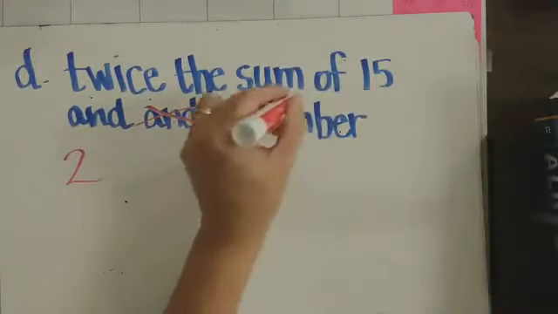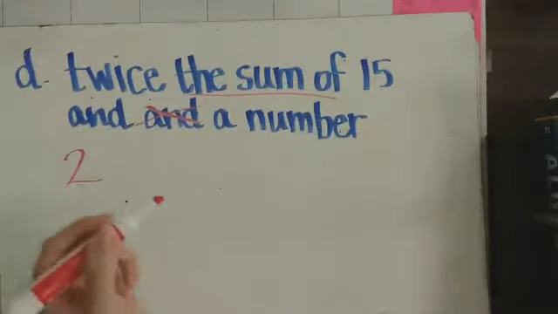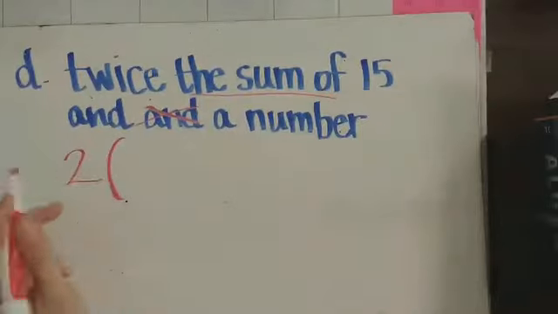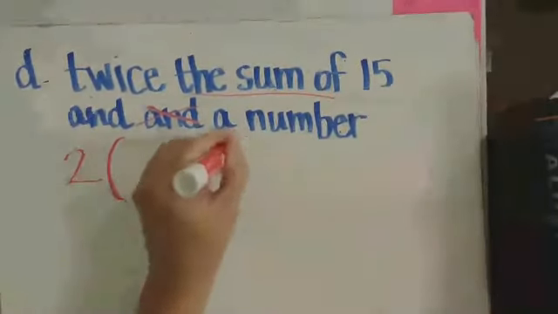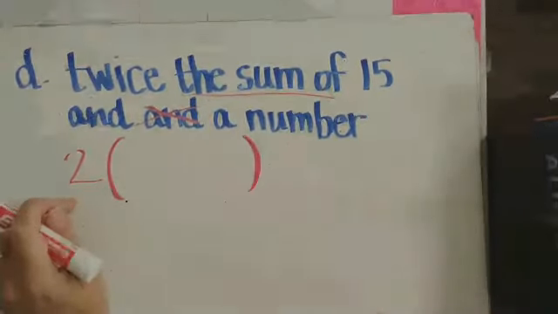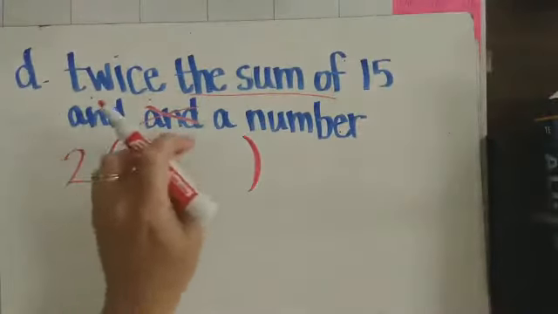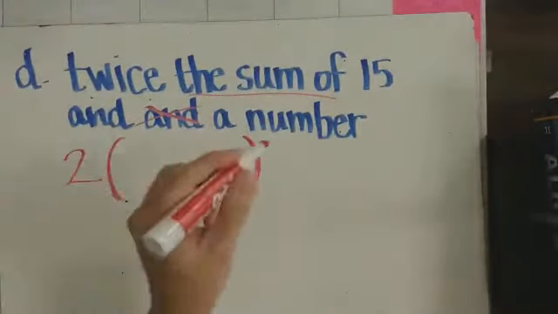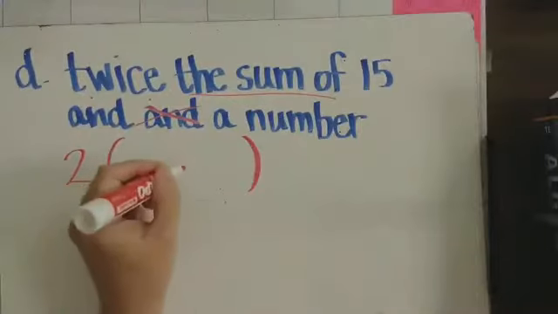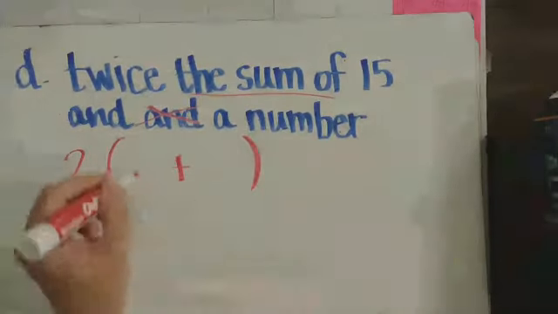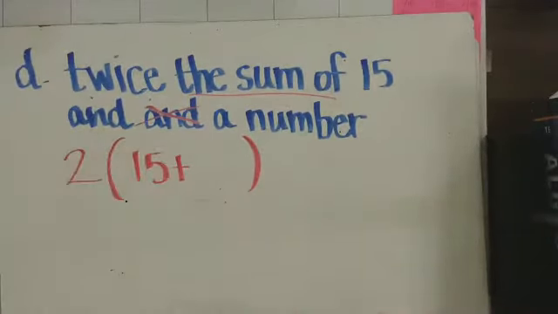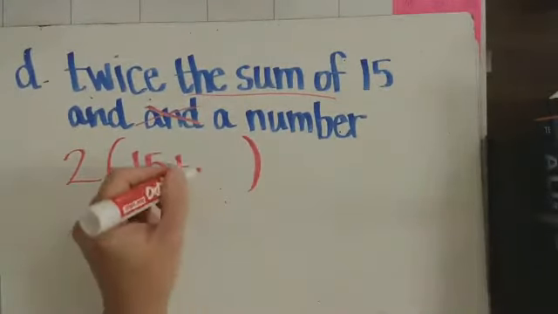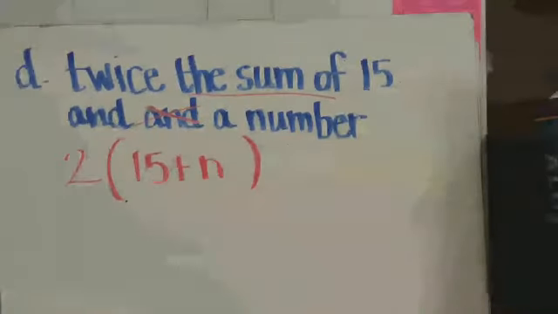This signals that we need parentheses because we're doing something 2 times. And what are we doing 2 times? The sum of 15 and a number. And what does sum mean? To add. So 15 and a number doesn't tell us what number, so we can pick a variable.